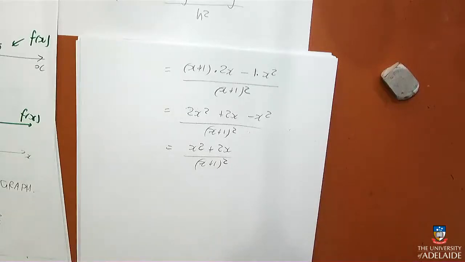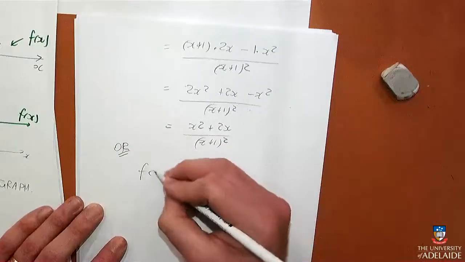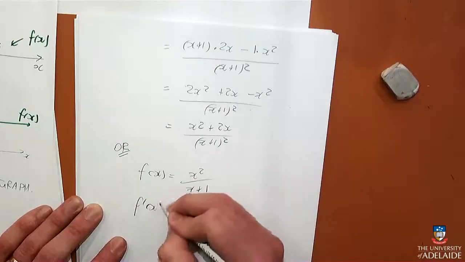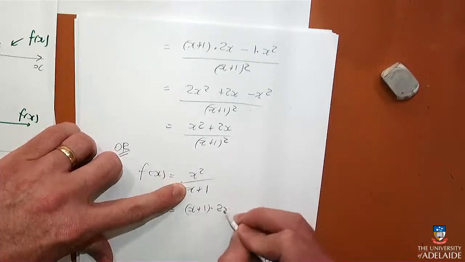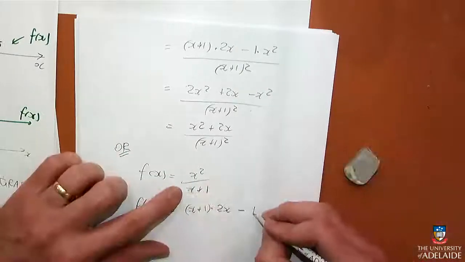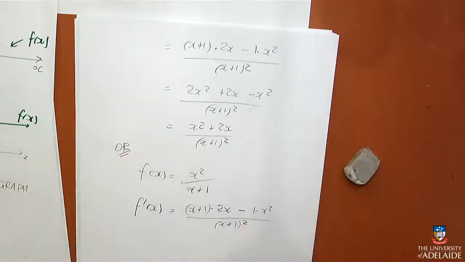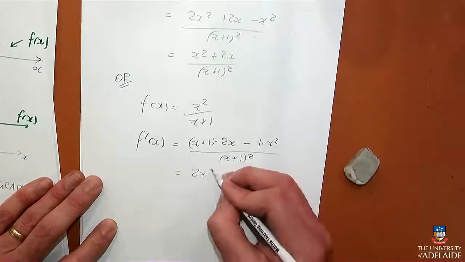Now I should say something. I didn't have to go through all of this work to do the quotient rule. I could just as easily have done this, you know, and just gone straight to bottom times derivative of top minus top times derivative of bottom, over bottom squared, and that would have been perfectly acceptable to do, and then I would still have done the same working.